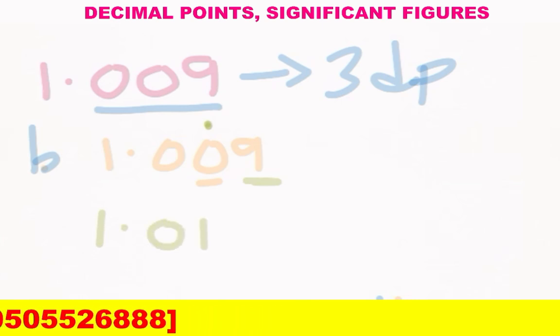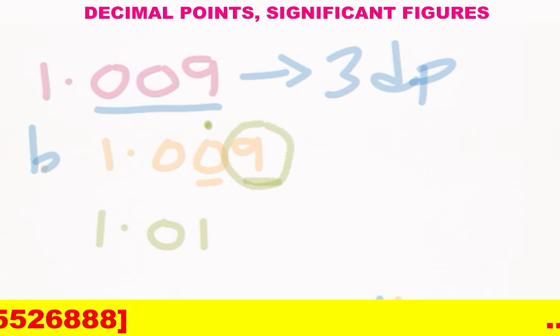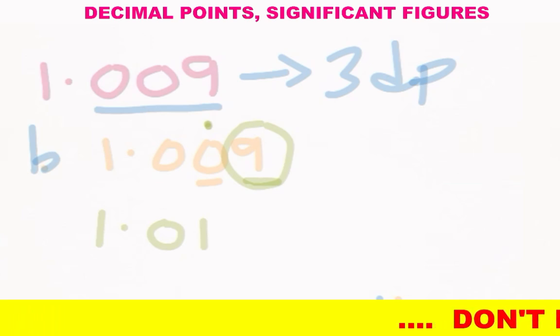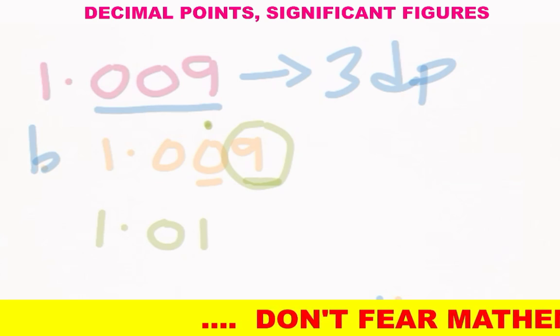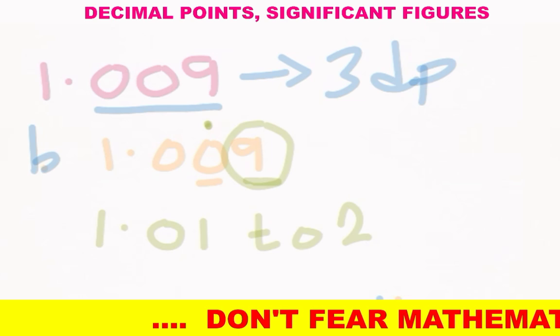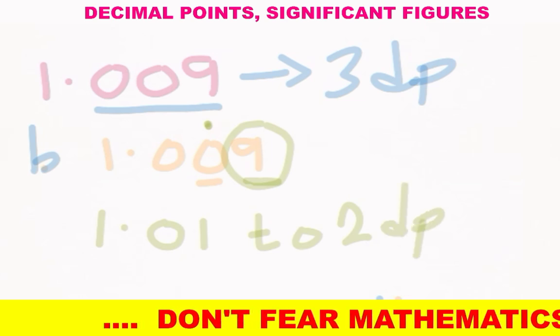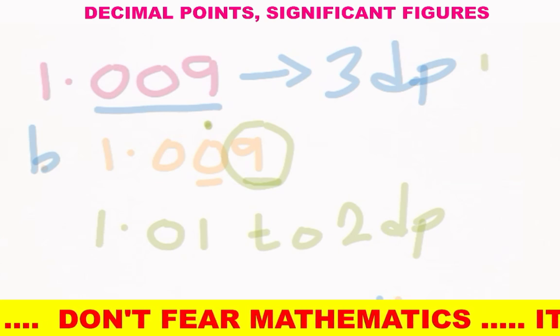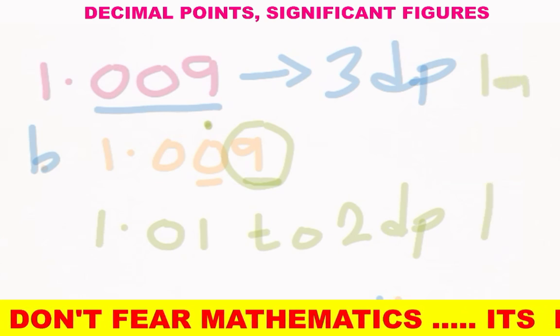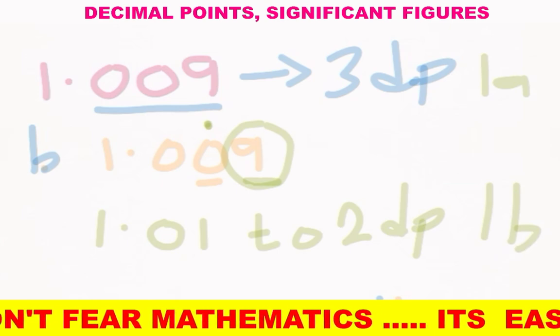Now after that, we have to throw this one away, the 9. After we took 1 from it, we have to dump it, because we need the answer to be in 2 decimal places. We want 2 numbers after the decimal point. Please, I hope you are all getting me. So you write 2dp. Very simple as ABCD. So this one is number 1A, and this one is number 1B. All right.